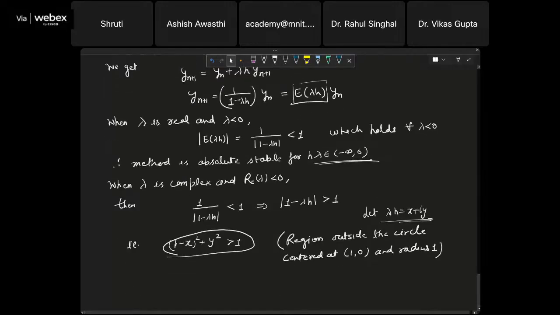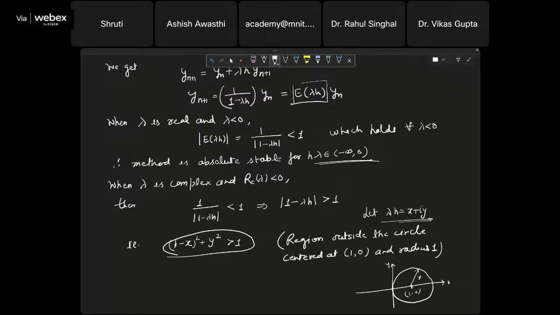This is the region outside the circle centered at 1, 0 and radius 1. Here x is equal to 1, this is the x part and this is the y part, the imaginary part.